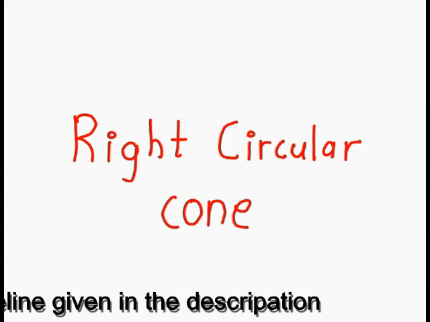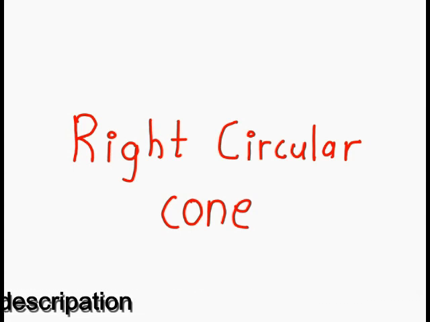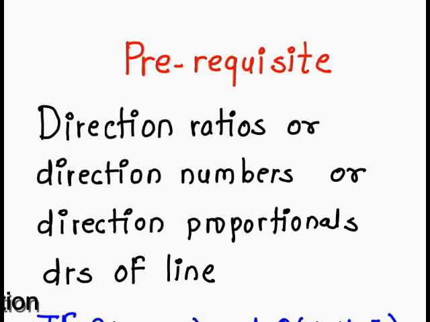In this video, we study how to find an equation of a right circular cone. First of all, we study some prerequisites required to find an equation of a right circular cone.